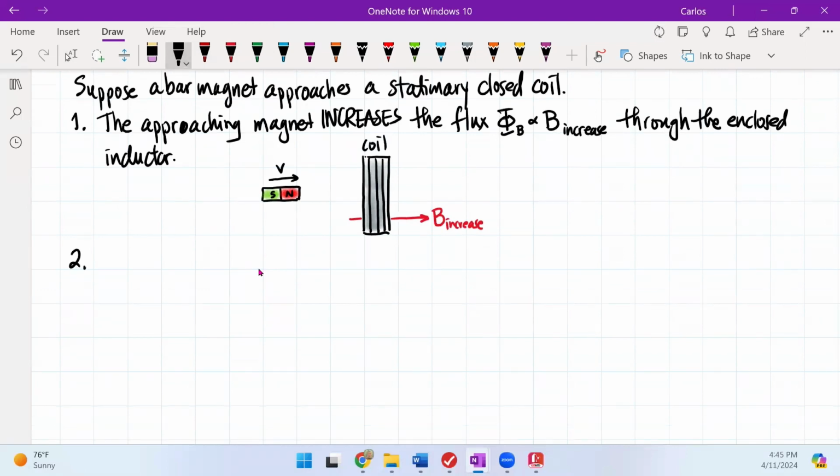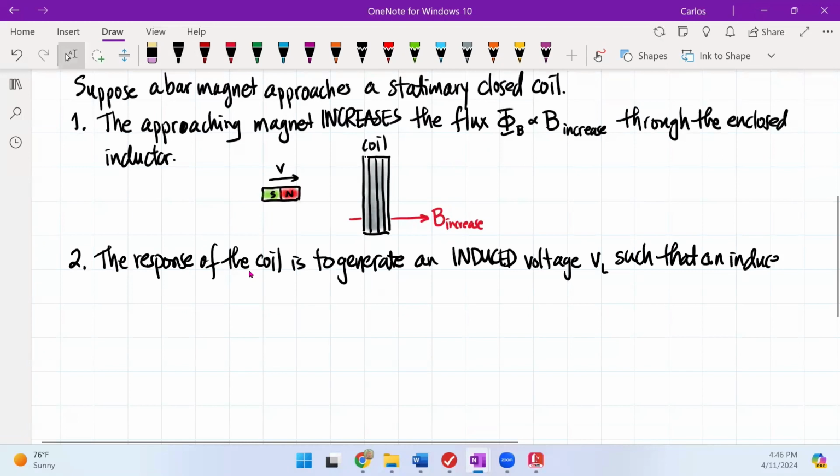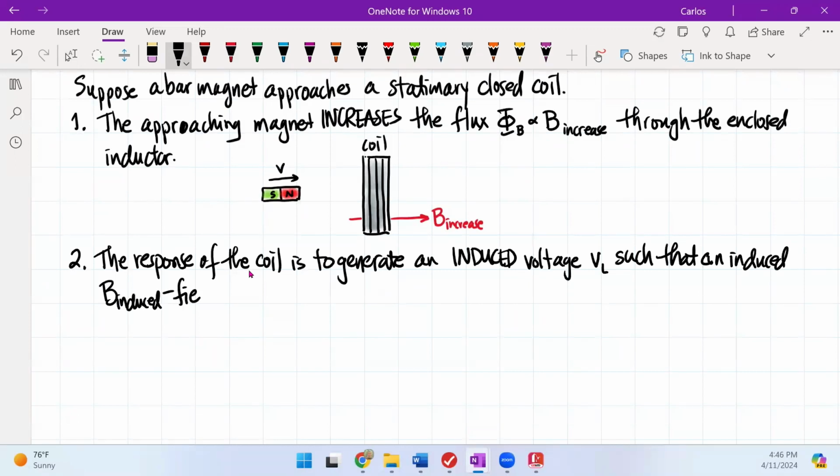Now, the response of the coil inductor is to generate an induced voltage, which we call the voltage of the inductor, such that an induced magnetic field opposes the increase.